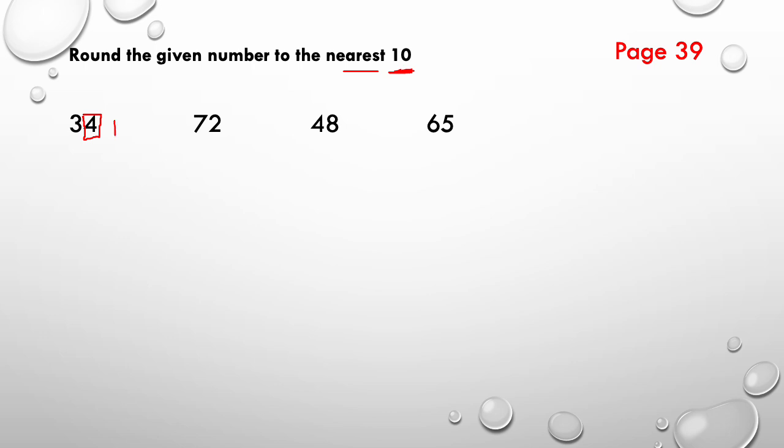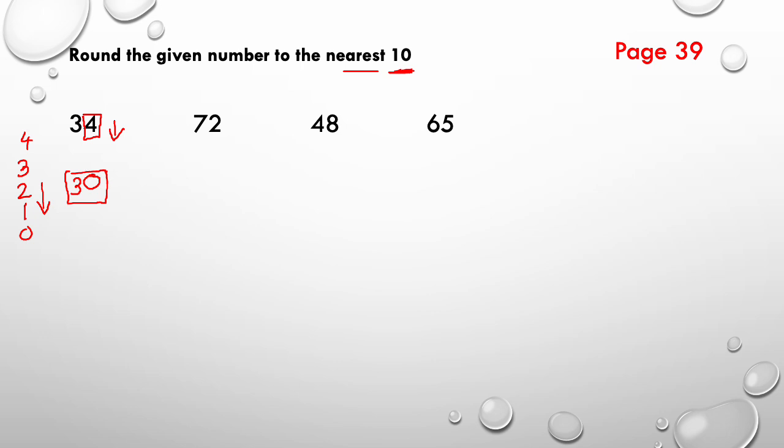So 34 will be rounded to the down number. Now 4 is a down, that means we put the last digit 0 and no change for this 3. So this will be 30. The answer is 30.